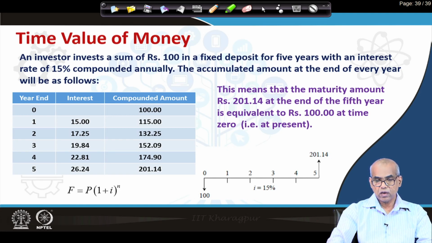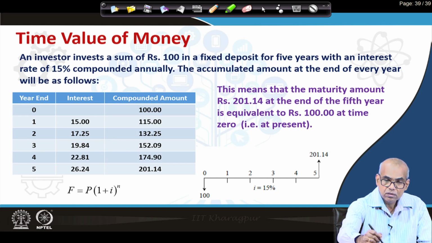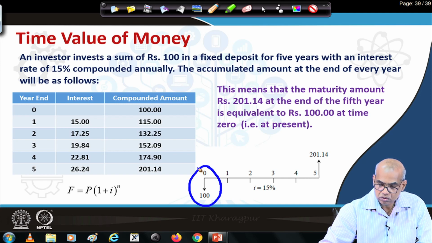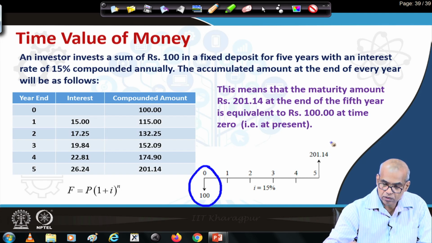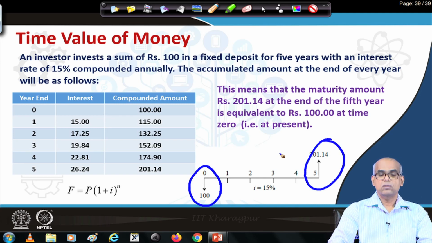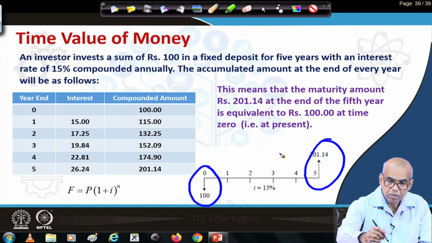So, this can also be shown using the cash flow diagram. Rupees 100 at time t equal to 0, we are saying, is equivalent to rupees 201.14 when the interest rate is 15%.